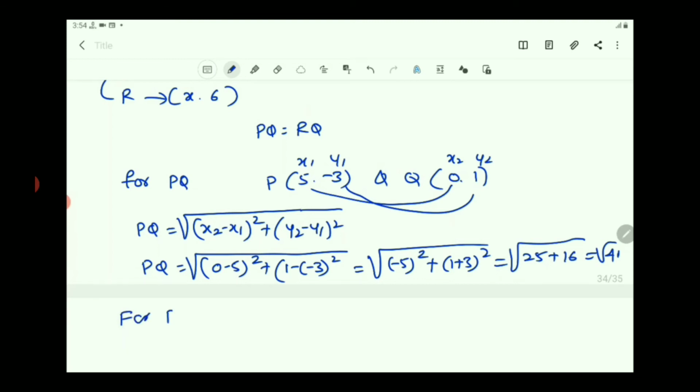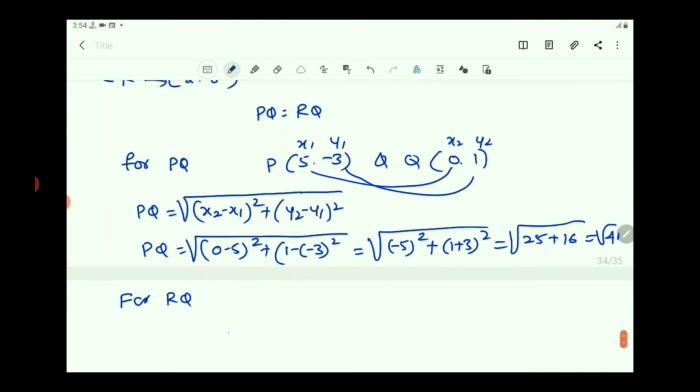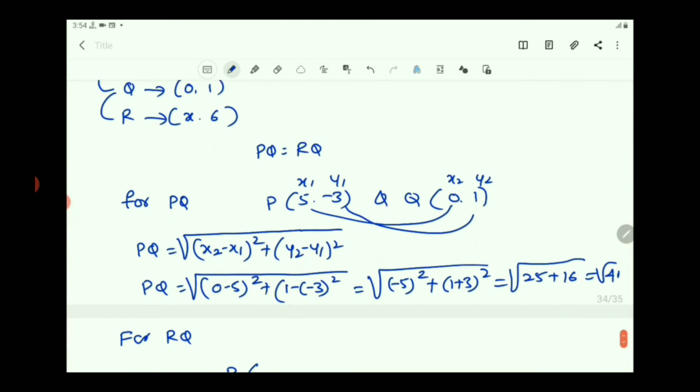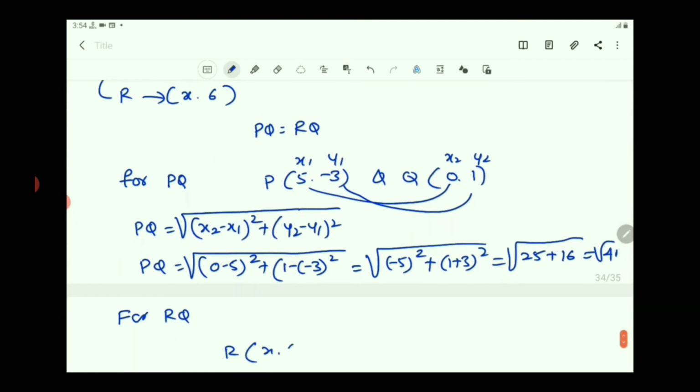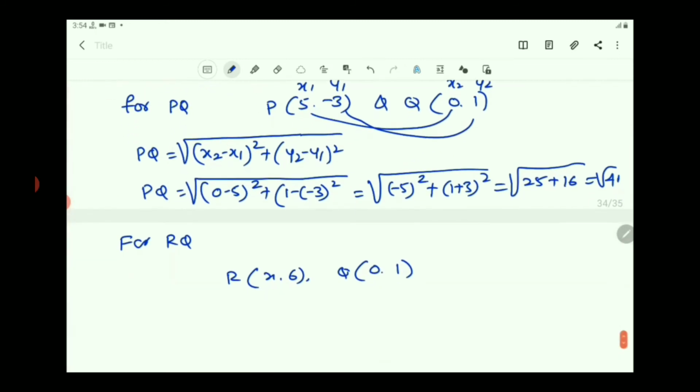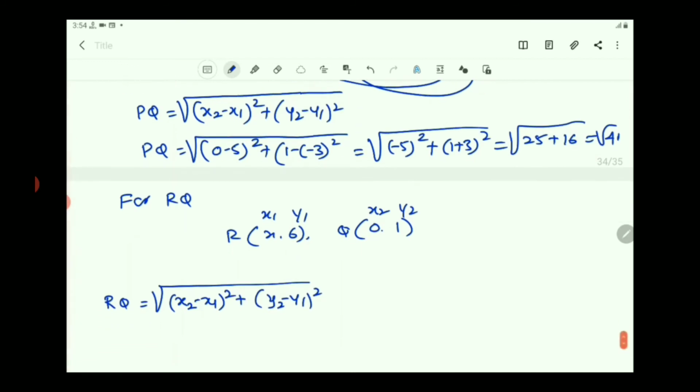For RQ, R is a point with coordinates x, 6 and Q is a point with coordinates 0, 1. Then to write the distance formula, consider this is x1, y1 and x2, y2. RQ equals square root of (x2 minus x1) whole square plus (y2 minus y1) whole square.